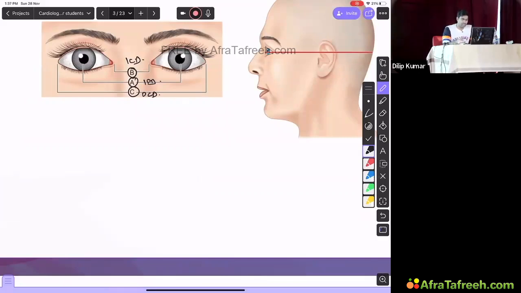For example, what is the definition of hypertelorism? There are many different types of hypertelorism. We have ocular hypertelorism and we have orbital hypertelorism also. But the general definition of hypertelorism is ICD by OCD more than 0.38.